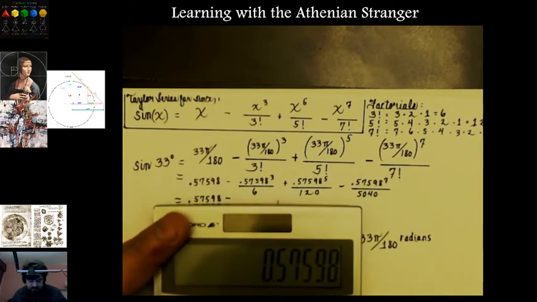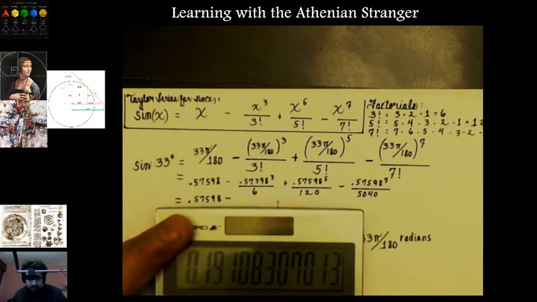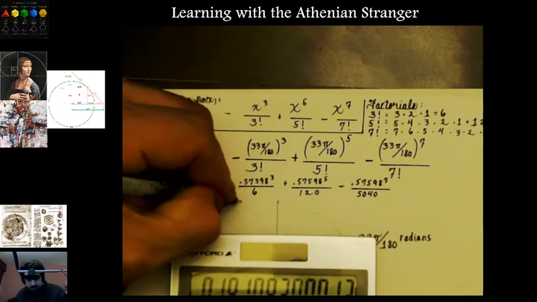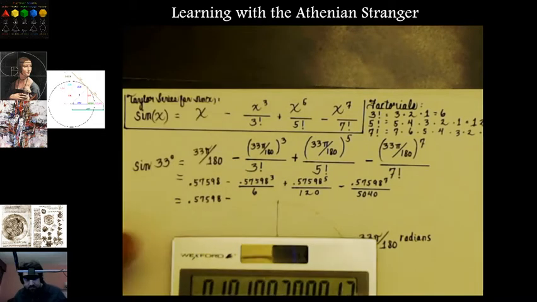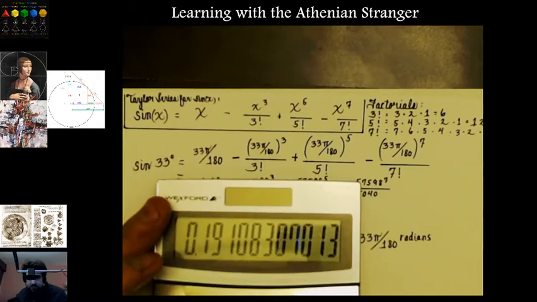So 0.57598 times 0.57598 times 0.57598 equals 0.191083. Okay, you see that?